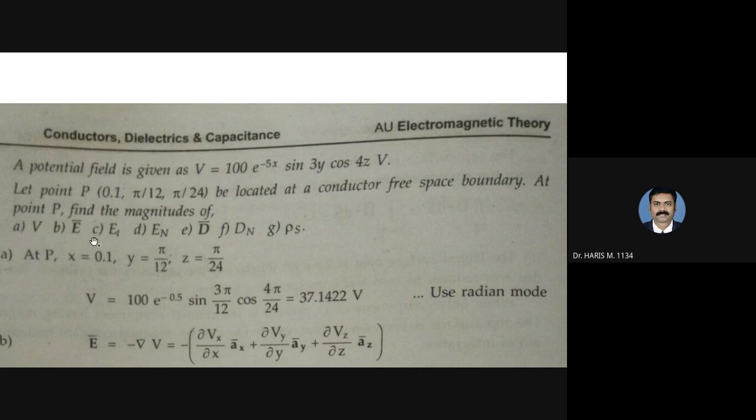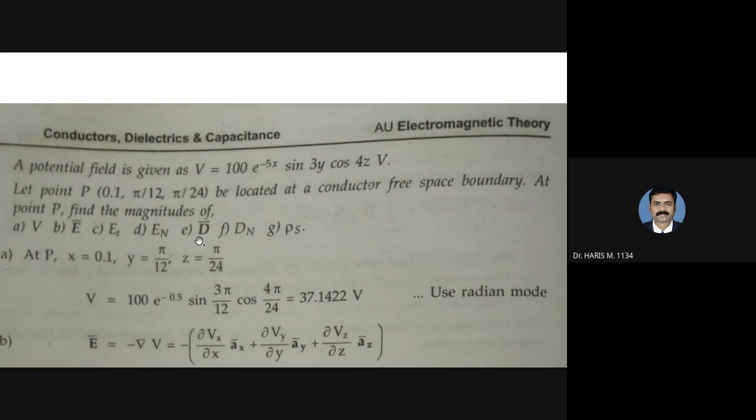There are different problems given, A, B, C, D, E, F, G, sorry, 7. Based on the boundary conditions, you can take whatever equations are required and try to find the magnitudes of the electric potential V, and the electric field intensity E, where ET refers to the tangential electric field component and EN refers to the normal component.